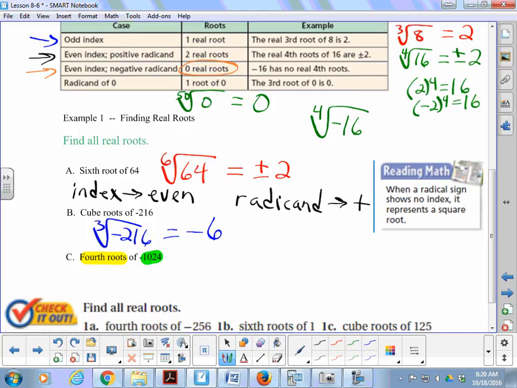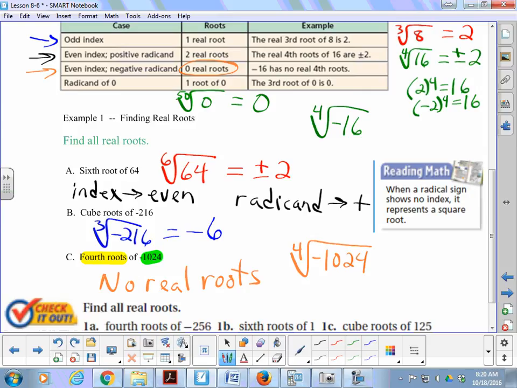There's no real roots. If you try to type in the fourth root of negative 1,024 in your calculator, it's going to give you a non-real answer. It doesn't work. Anytime the index is an even number and the radicand is negative, it's going to be a complex number if we actually wanted to simplify it, but we're not going to. We see there's no real roots then.